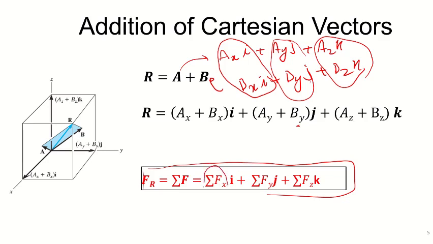That is sigma Fx, sigma Fy and sigma Fz, right? So this is how you find the resultant force when you have two or more than two forces. We'll look into an example, then you will get familiarized with these concepts.